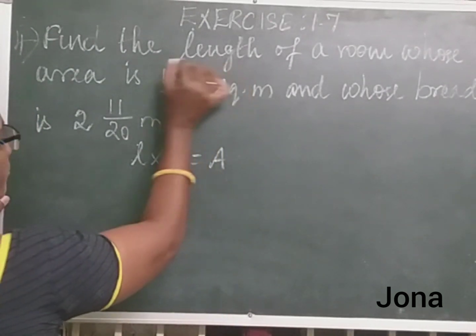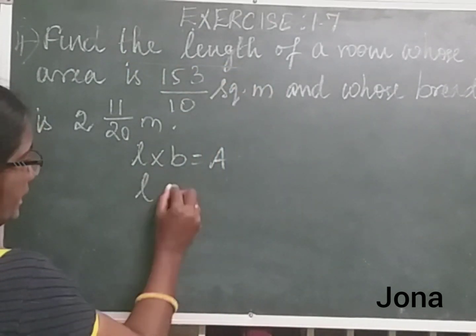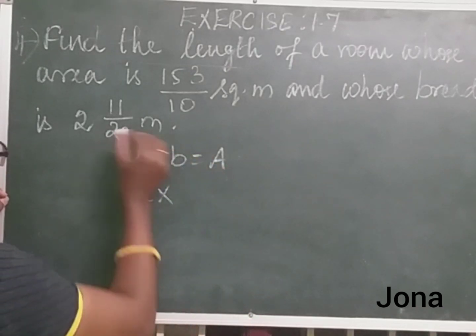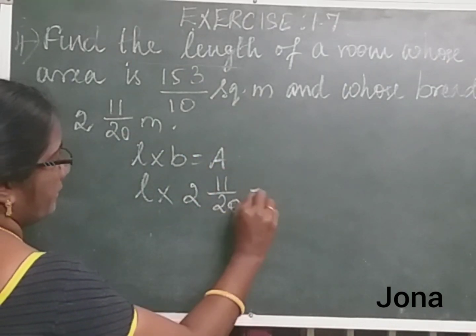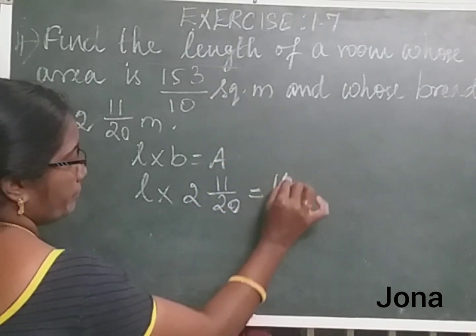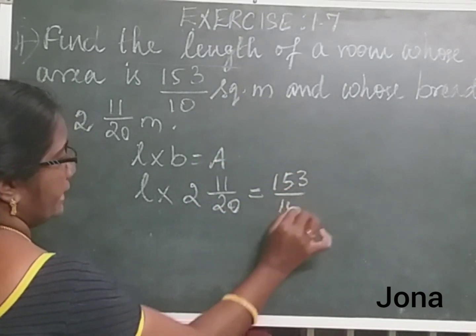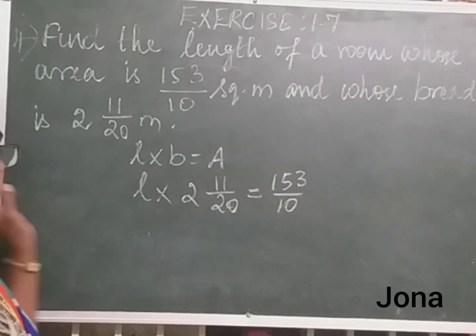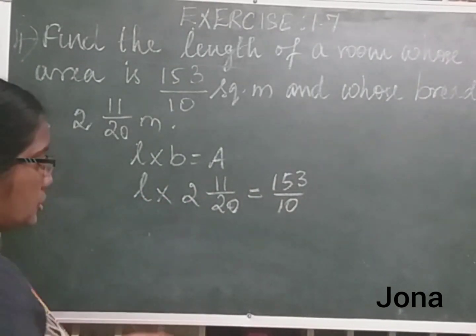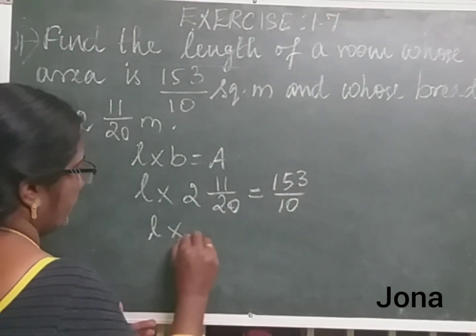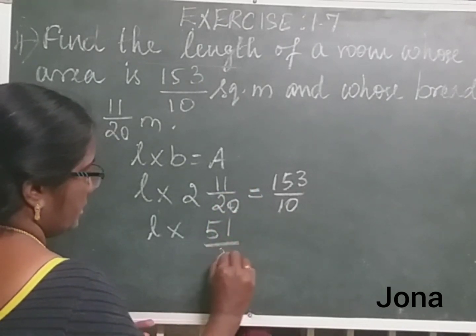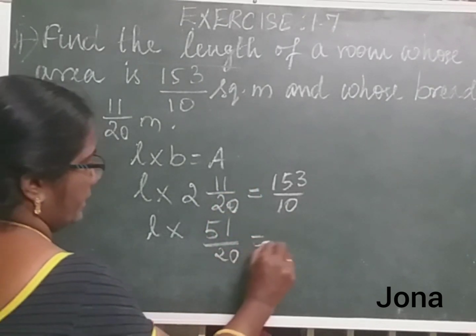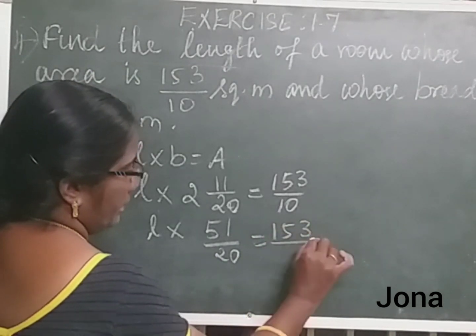We want to find the length, so keep the length as it is. What is the breadth here? 2 11/20. What is the area? 153/100. Convert the breadth into an improper fraction, so that it will be L into 51/20 equal to 153/100.